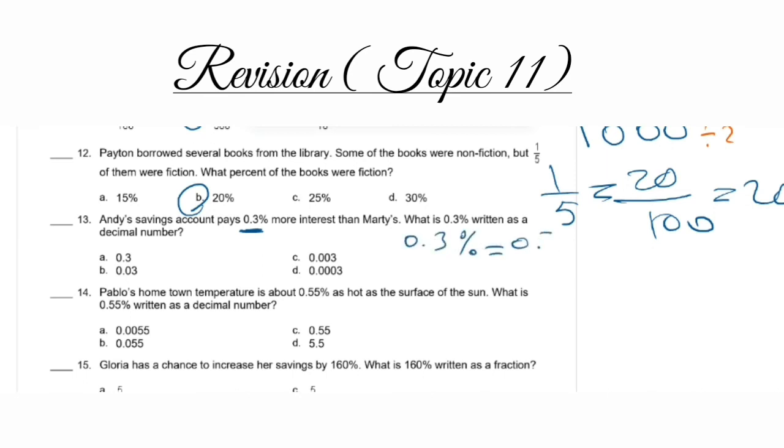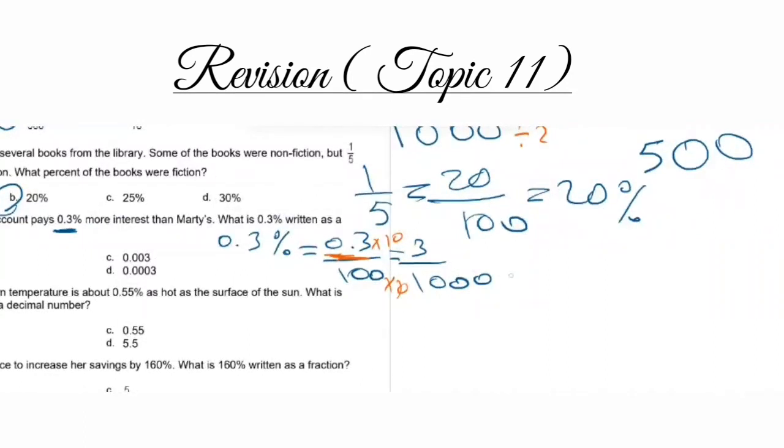That's equal to 0.3 over 100, and we multiply by 10 to remove the point from the numerator. So this is 3 over 1000, which is the point after 3 digits, so 0.003.